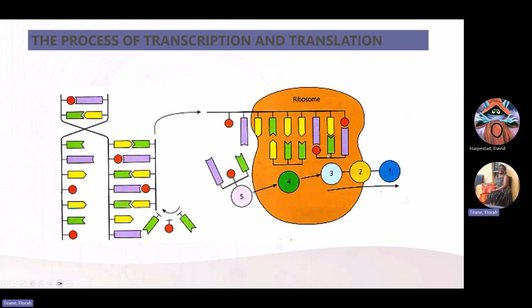So this is translation. So these two terms are very important. You are sometimes requested to discuss what transcription and translation mean. This is what we have said already.